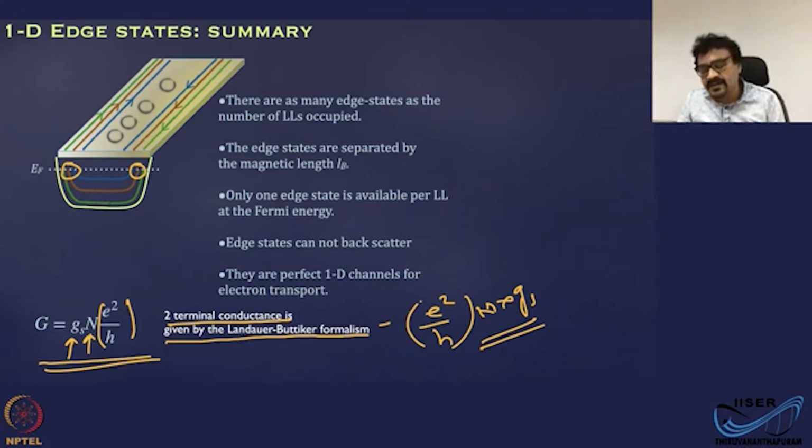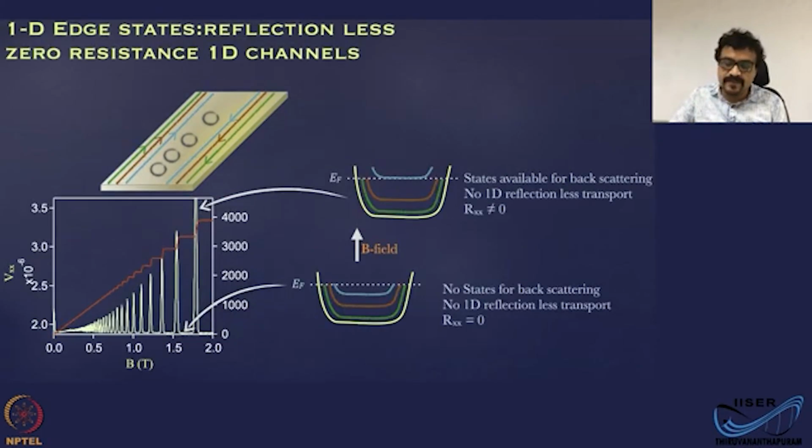Now let's try to figure out what the current through the system is, in what direction, what it depends on, and what the conductance and the resistance are that you are going to measure when you have a two-dimensional system under a quantizing magnetic field, in the quantum Hall regime.